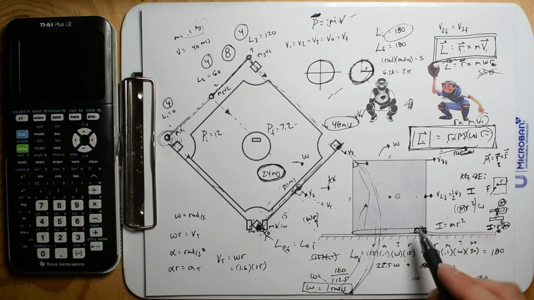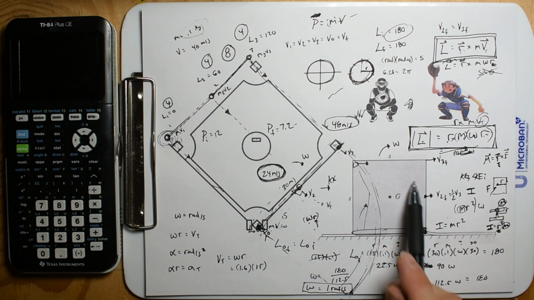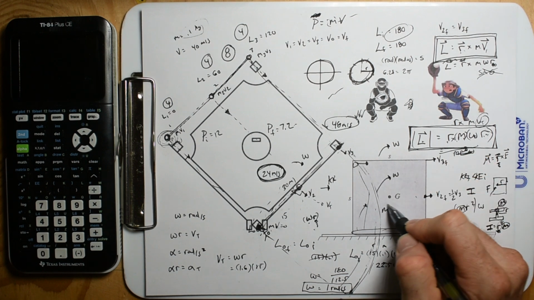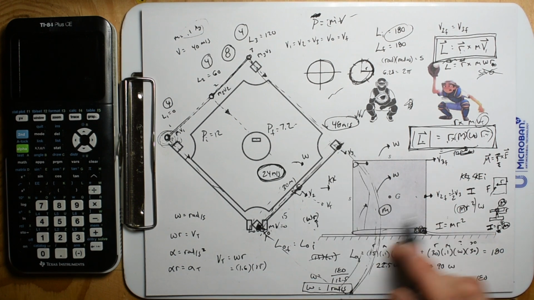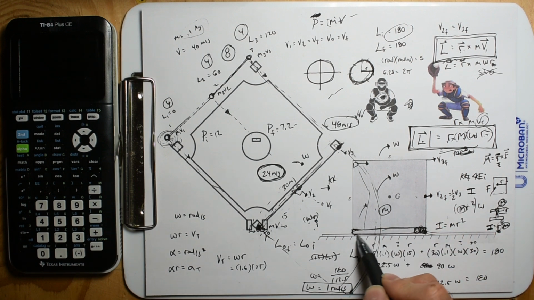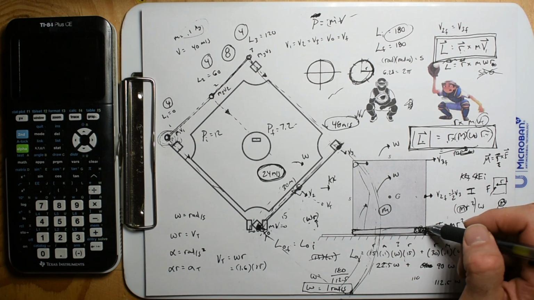So you still have no skills to actually solve this problem and figure out the omega once you know the mass of this square. Literally, I don't know how to solve this problem from an intuitive perspective.